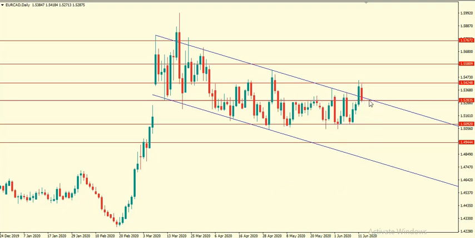So at this point, what will I be doing next? Now I know that I have previous resistance I expect to turn into support at this point, but now price has closed back within this descending trend line, the descending channel resistance.